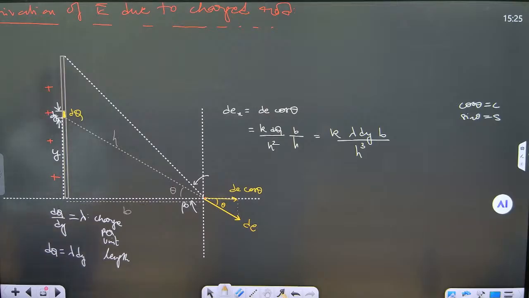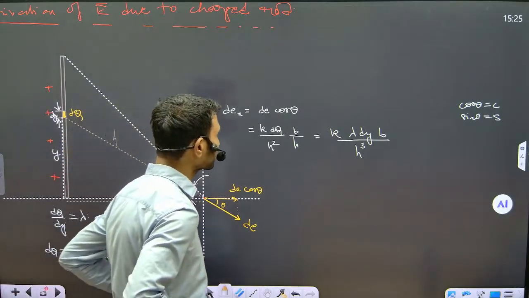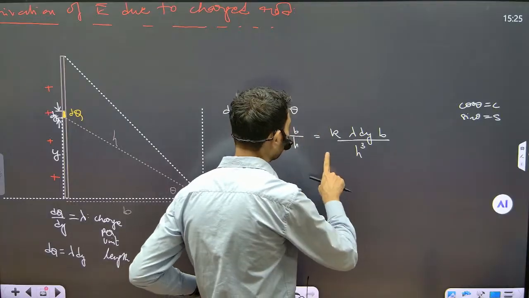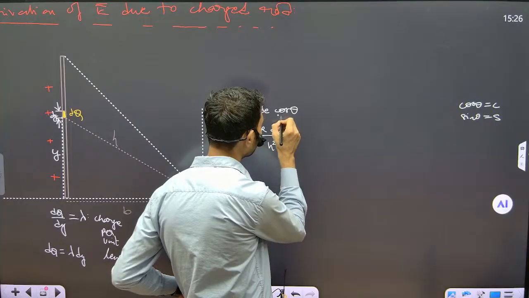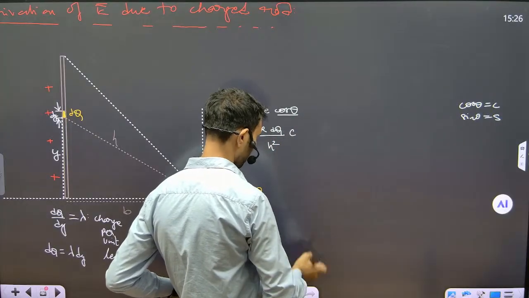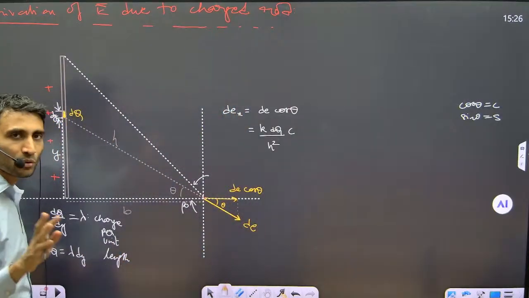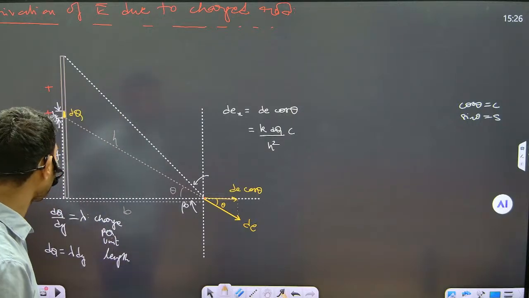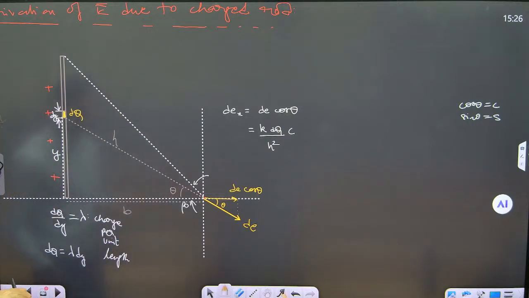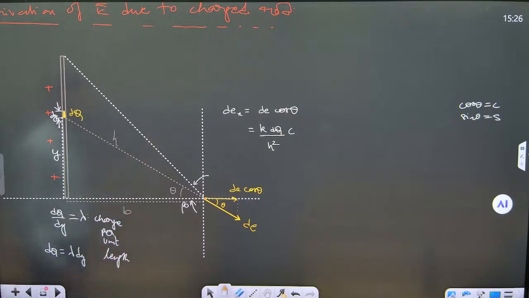Hello. So, till here, I hope everybody has understood. Actually, I messed it up. I've written cos theta as b by h. Let it be c only, let it be cos theta only, right? So cos theta becomes c. There's a reason: I want to keep things in trigonometric functions. That is easier to deal with that way, right? And dq can be written as lambda into dy, that I've written.